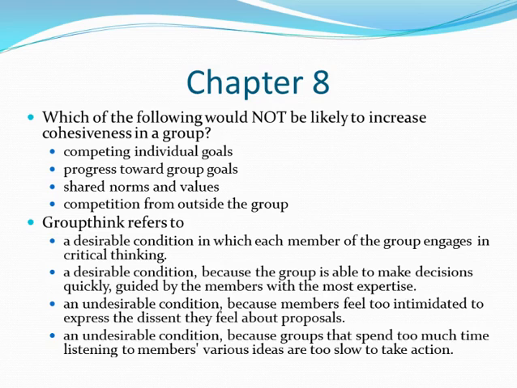And the correct answer here would be it's an undesirable condition because members feel too intimidated to express the dissent they feel about proposals. So in a nutshell, groupthink is a state of excessive conformity that prevents members from expressing this dissent or examining their ideas critically.